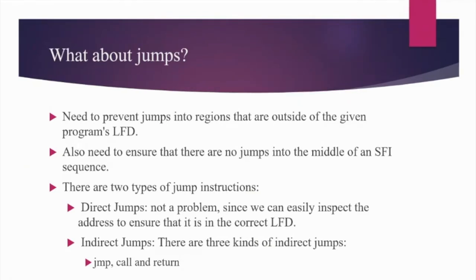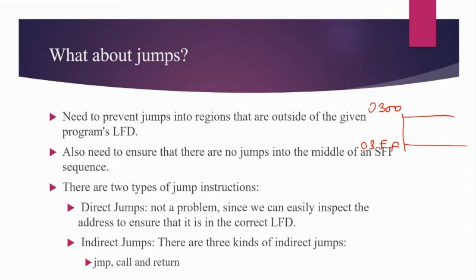About jumps, right? So we have seen how to handle read and write. Now what about jumps? In jumps also, we need to prevent jumps into regions that are outside the given LFD, right? If you remember our example, suppose the given range of our LFD is 0300 to 03FF.